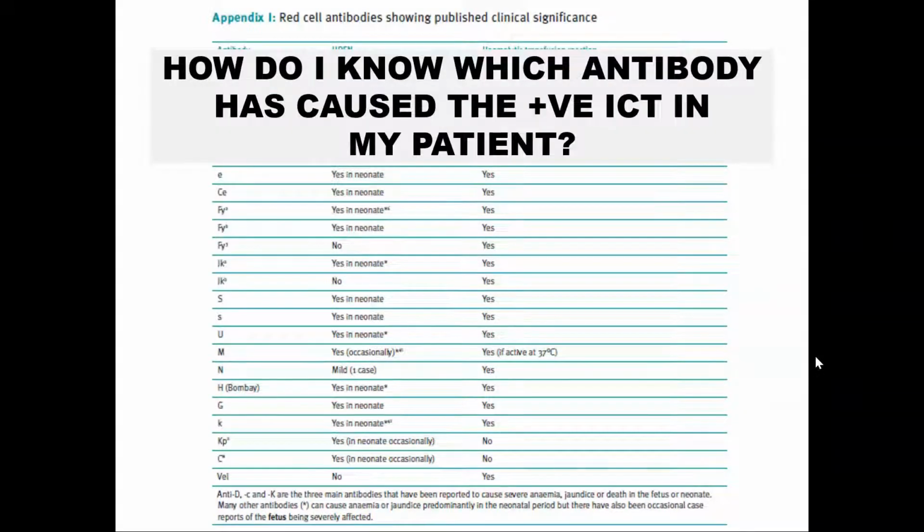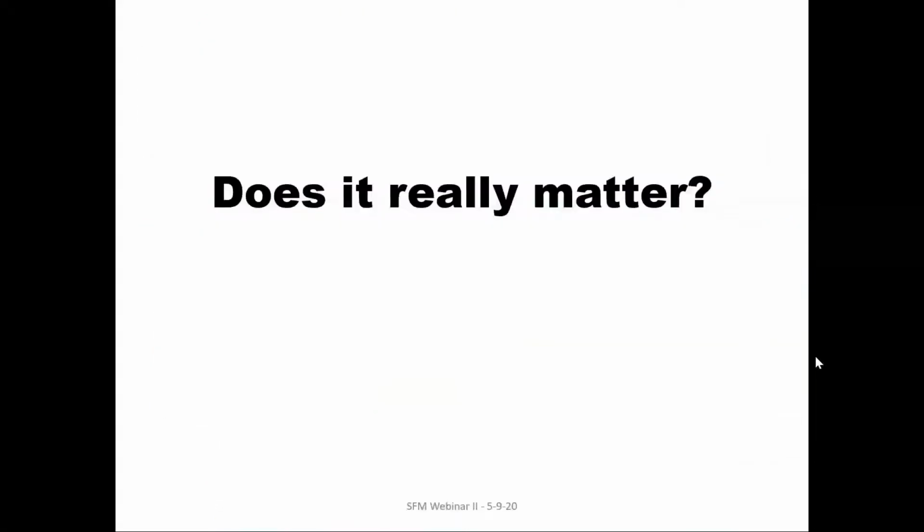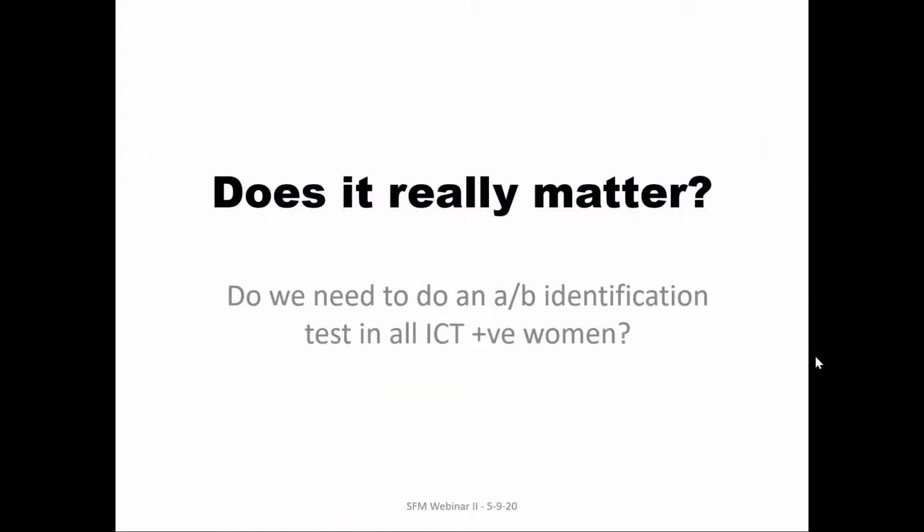Now, how do I know, in my particular case, which of these antibodies has caused the positive ICT? That is where the test called the antibody identification test comes into significance. Now, does it really matter? In other words, do I really need to do an antibody identification test in all my ICT positive pregnant women?